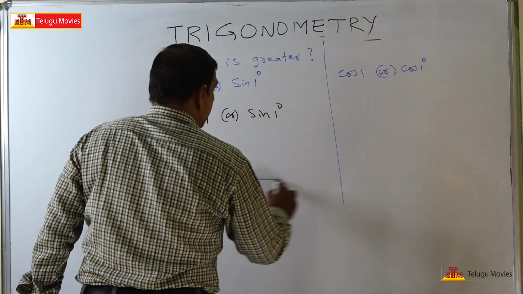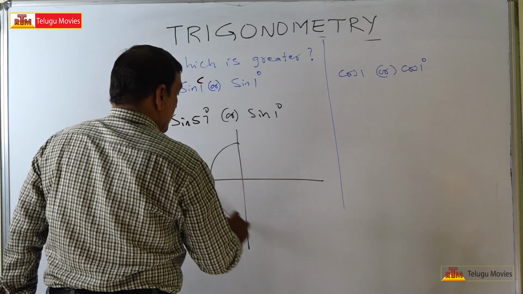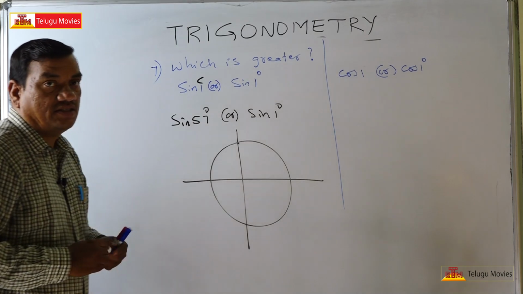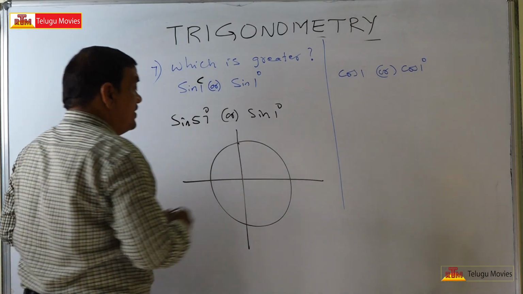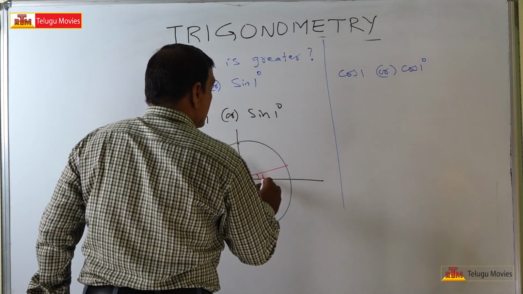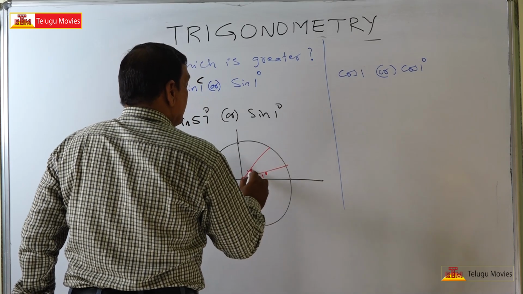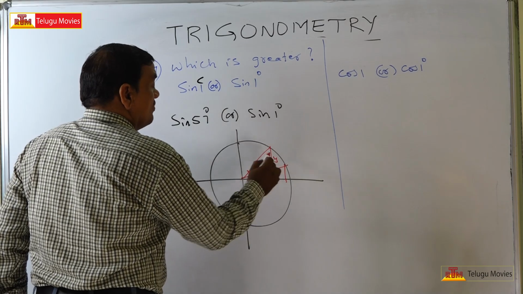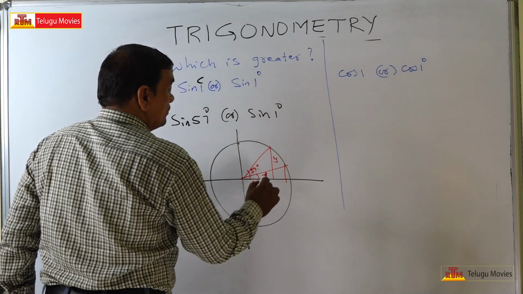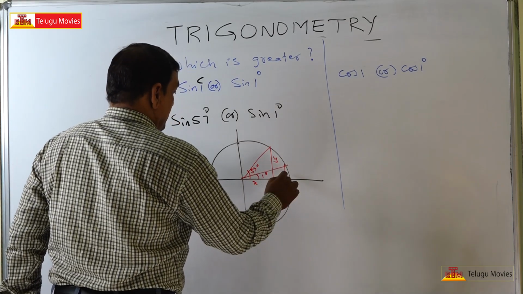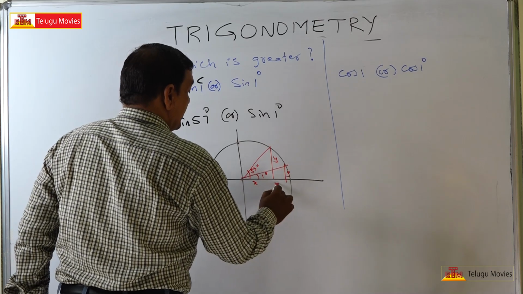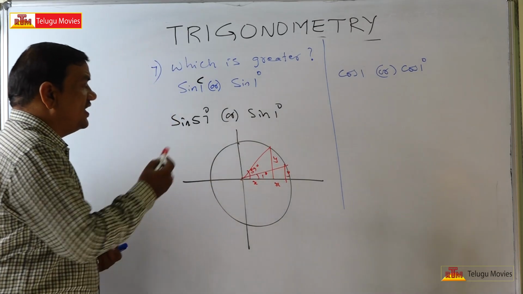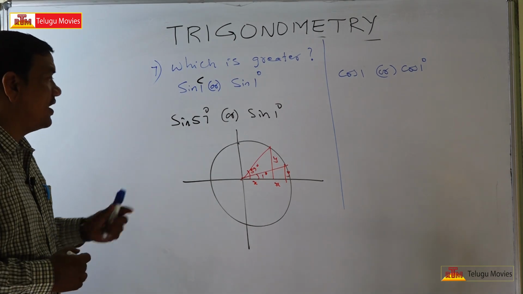Let me explain that. Understand this? So this will be your 1 degree and this will be your 57 degree. Here is the y value and here is the x value for this, and it is the y value and the x value for that. Clearly r is fixed, r is fixed at one.